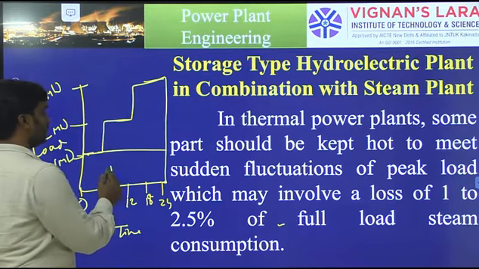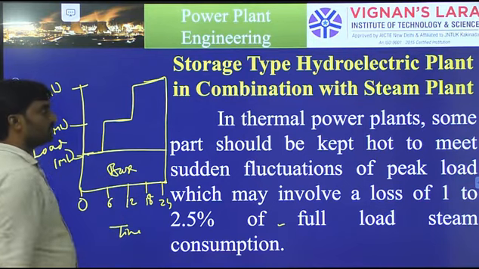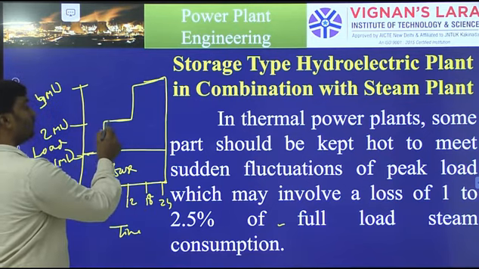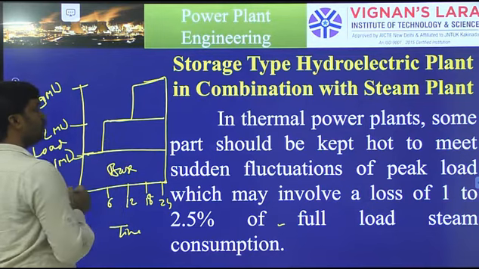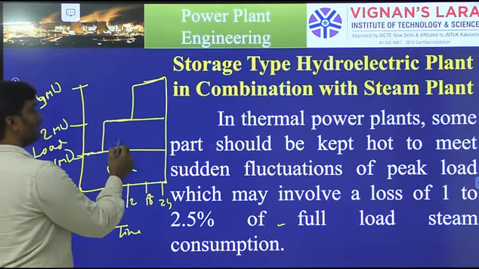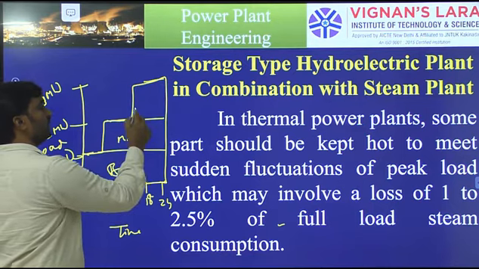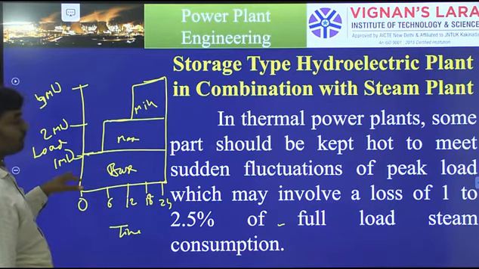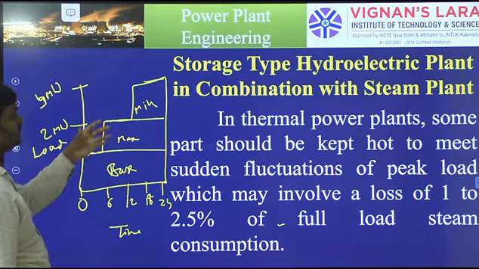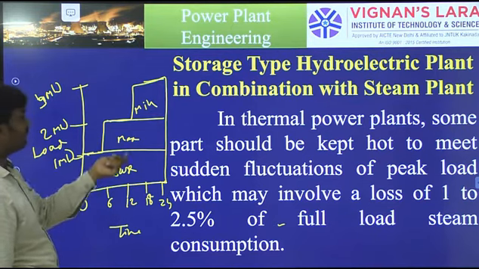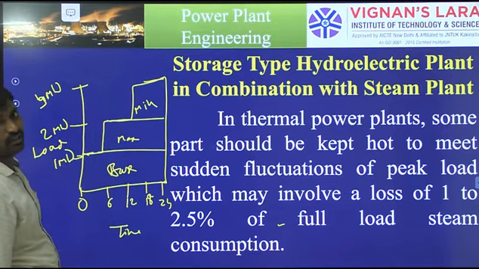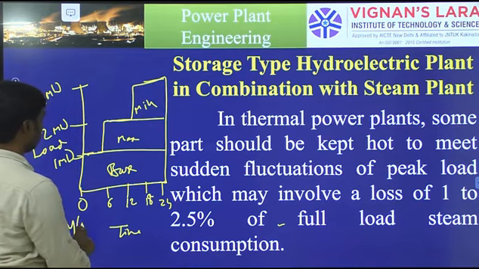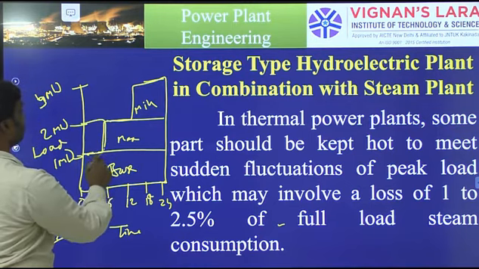That is known as the base load. 1 megawatt is continuously required. 2 megawatts is required for the maximum time, and then the next maximum and minimum times. So if you construct a steam power plant with a minimum capacity, there is no use, because most of the time high power is required. In that case, if you run a steam power plant with a capacity of 2 megawatts, sometimes we don't require the additional power.